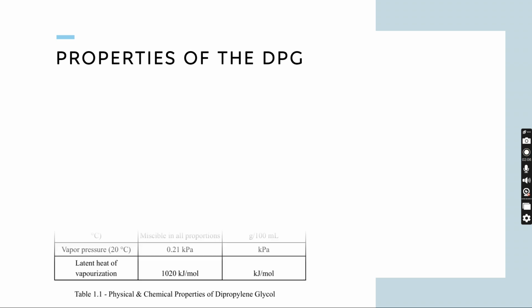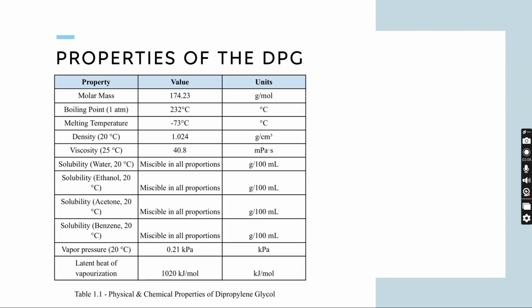And the properties of DPG: if you consider the physical and chemical properties of dipropylene glycol, we summarize them in this table. You basically require this table when you do calculations for the dipropylene glycol production flow sheets. The boiling point at 1 atm is 232 degrees centigrade, so it will be in liquid form at room temperature, and the melting temperature is minus 73 degrees centigrade, at which it freezes.